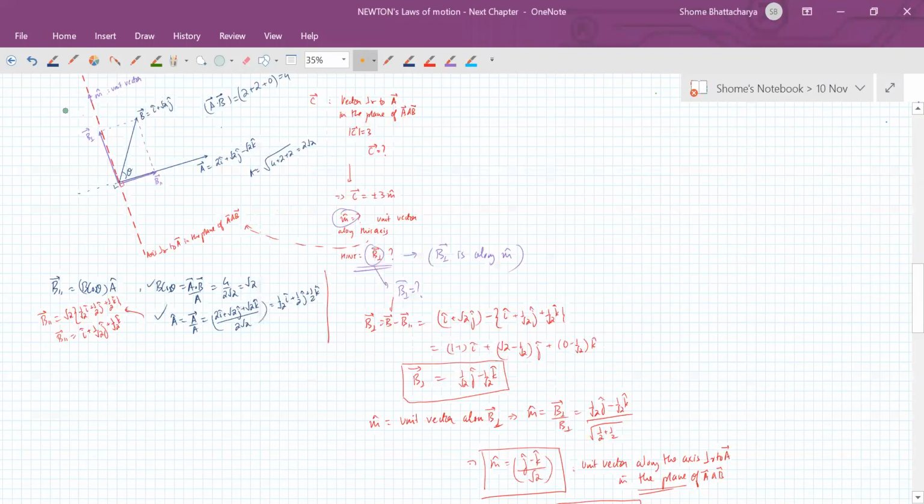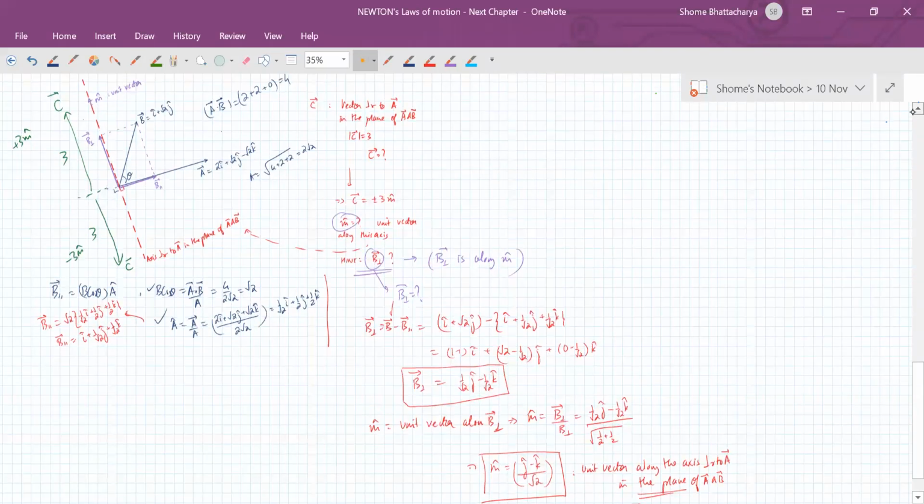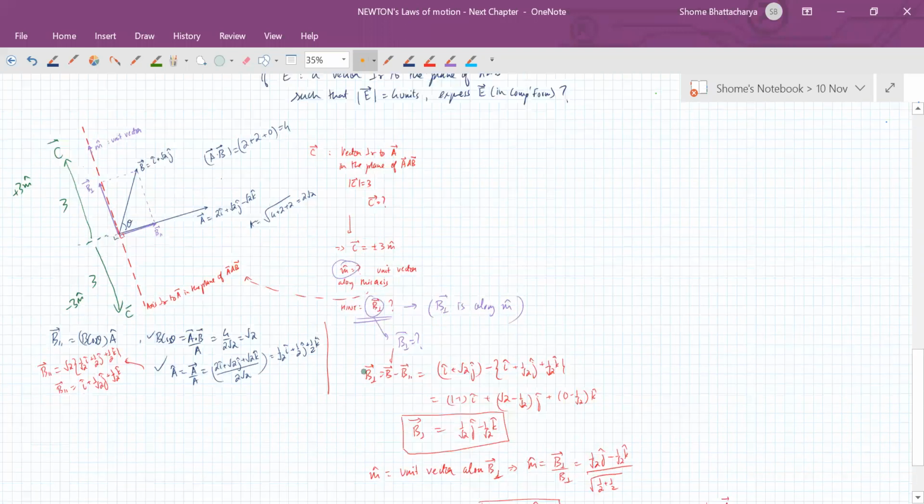It can be a vector like this, it can be like this also, of magnitude 3, or it can be a vector like this also. So this could either be plus 3 m cap or minus 3 m cap, where m cap is this unit vector. Okay. So just go through this in detail step by step once, then we'll come to the second and third part.